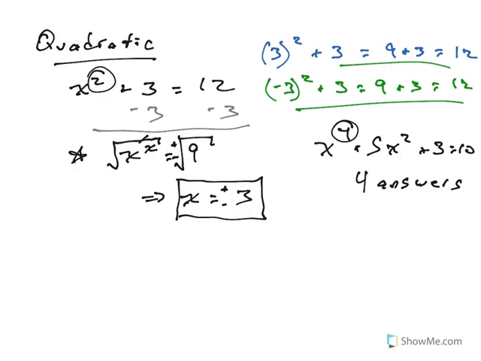You have an equation where the variable is squared. Well, no big deal. You're going to be using the square root. However, there are other types of quadratic equations that are not so straightforward. For instance, let's say I have something more like x squared minus 4x minus 1 equals 4.